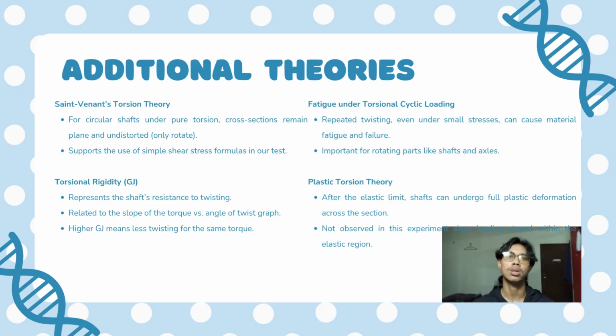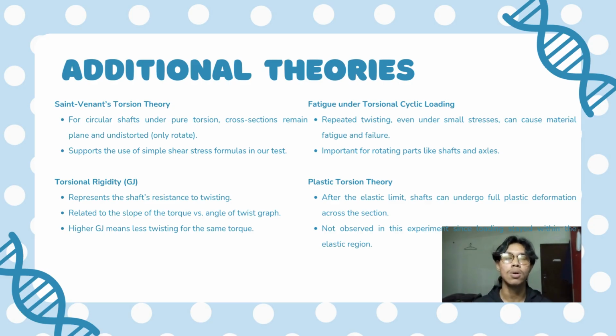Then for the third theory is fatigue under torsional cyclic loading. For the first point, repeated twisting even under small stresses can cause material fatigue and failure. And for the second point, it is important for rotating parts like shafts and axles.